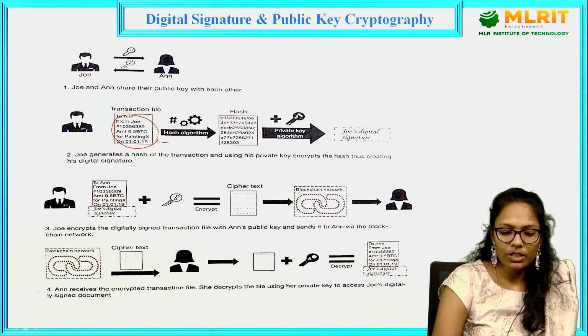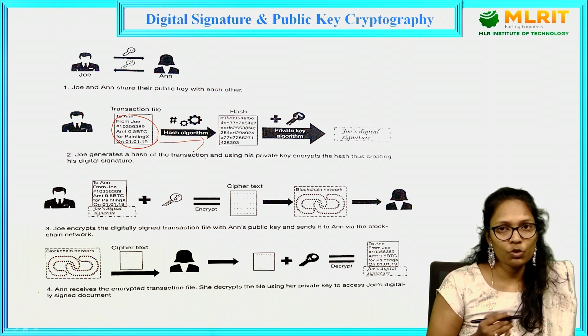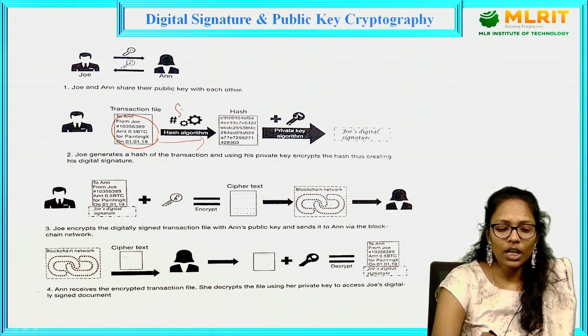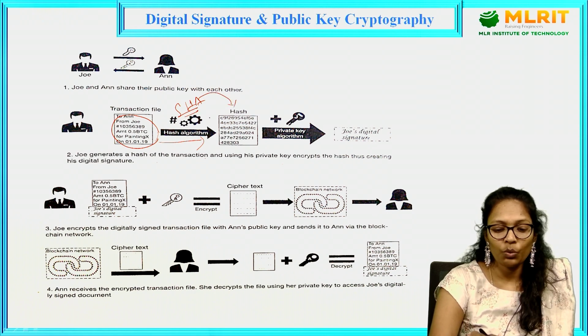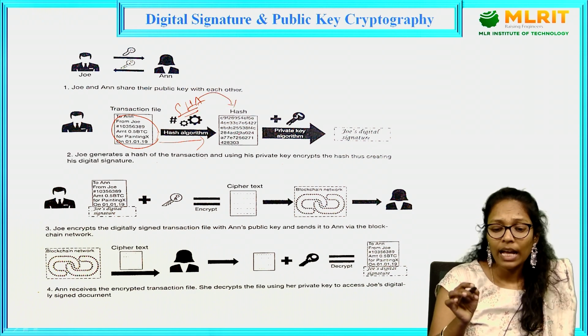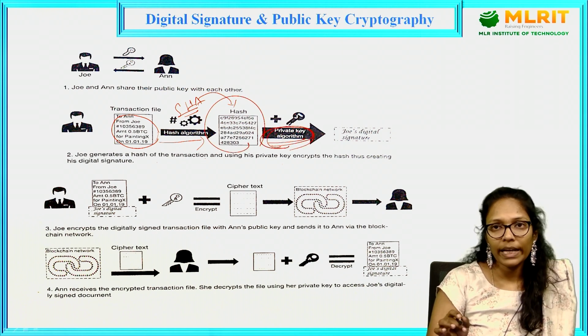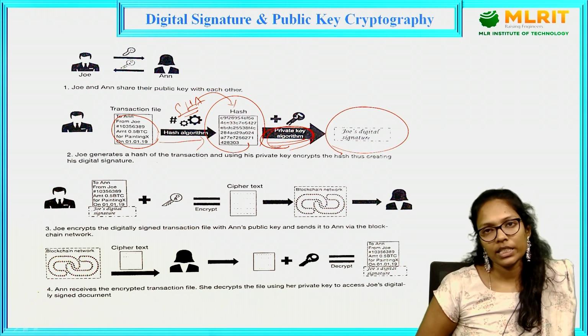For this information, he applies a hash algorithm. We know SHA-256 or SHA-512, right? Using the secure hashing algorithm, he generates the hash code for his transaction data. And for this hash code, using the private key, he performs the encryption. After encryption, he gets the digital signature.